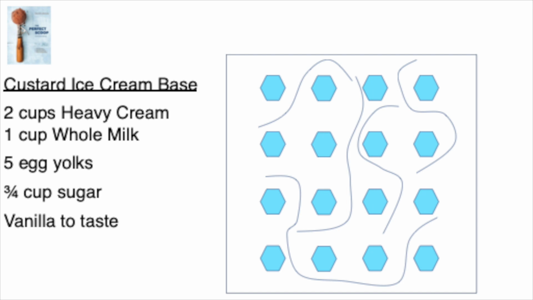Those egg yolks make a custard, and that custard, you can see, sort of wraps around the water droplets or the water ice crystals as they are forming. We use the proteins from our custard, the proteins from our eggs, to slow the water molecules down.